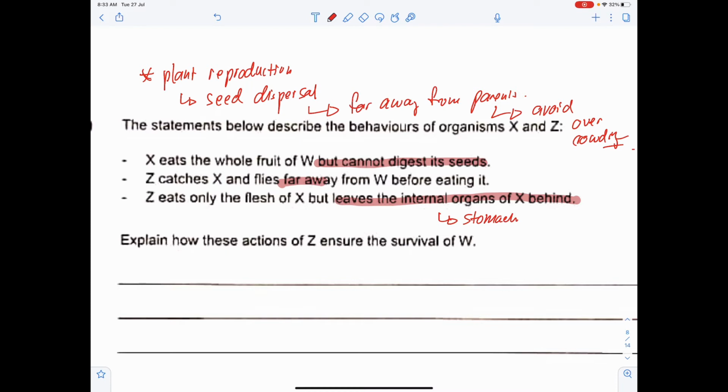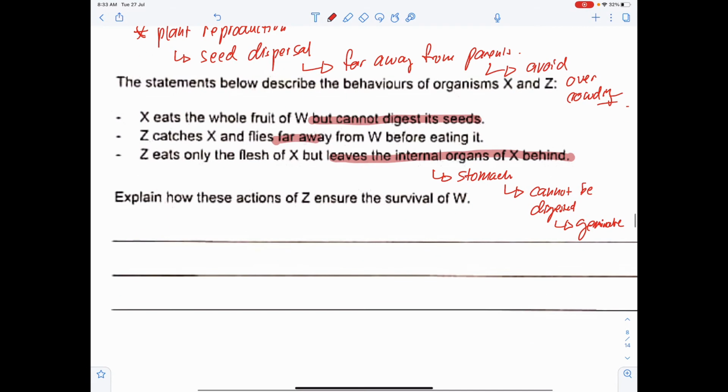So when the seed is left in the stomach with the right condition, it will germinate. So I need to talk about that. It cannot be digested, eventually it should germinate. Can you see how it's all related when you unpack it and annotate in that way? So how would my answer look like? You have to say Z flies far away.